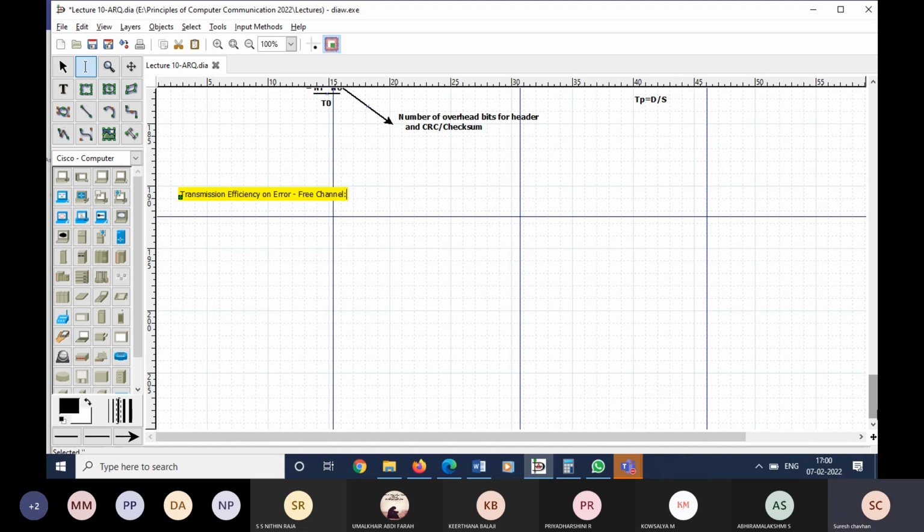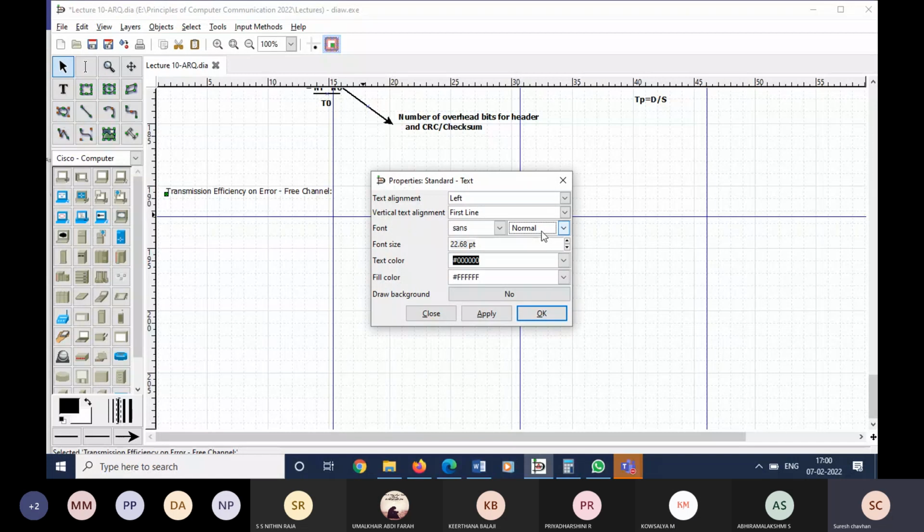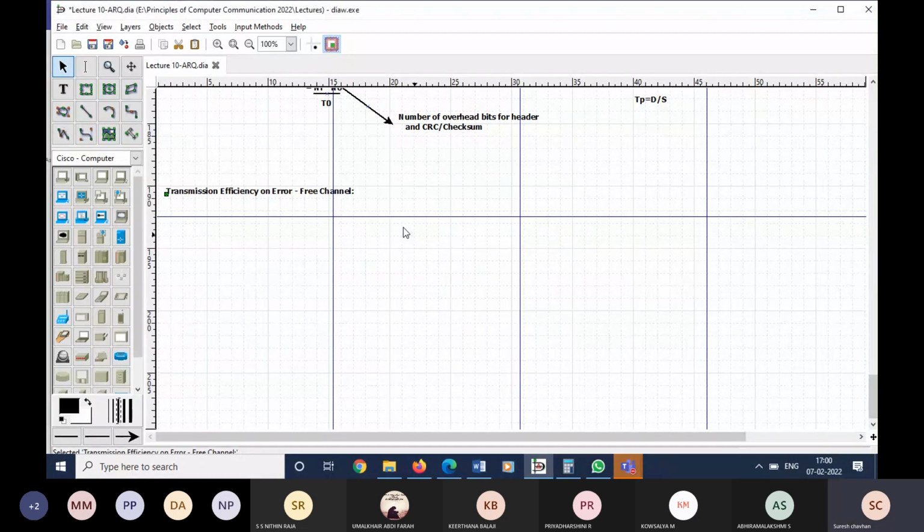The frame the sender is sending to the destination will be reaching 100% without any error. So that's the meaning of this model, right? And in the last class, we have calculated the effective transmission rate as well as the maximum effective throughput, correct?